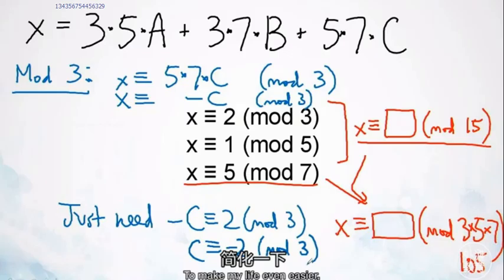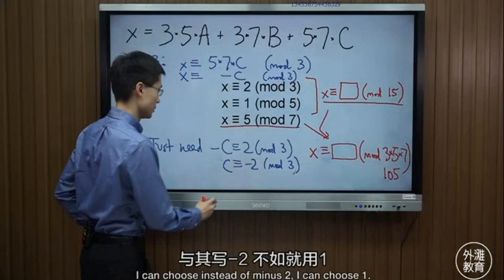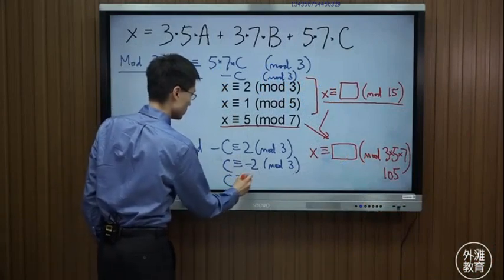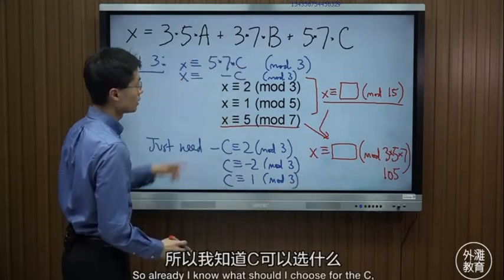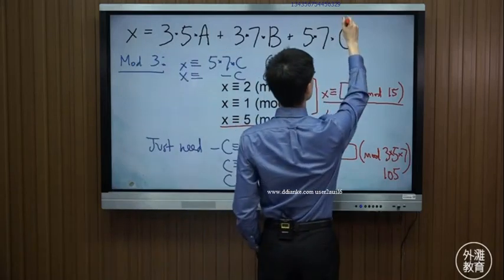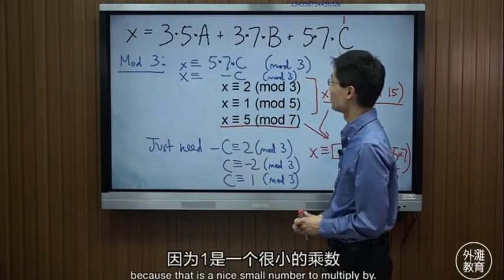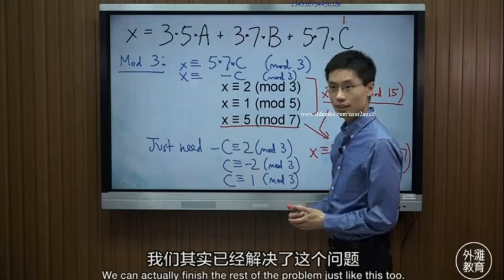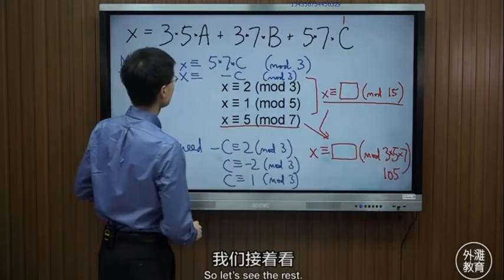To make my life even easier, instead of minus 2, I can choose 1. So already I know what I should choose for the c. C should be 1. That makes me happy because that's a nice small number to multiply by. We can actually finish the rest of the problem just like this too. So let's see the rest.